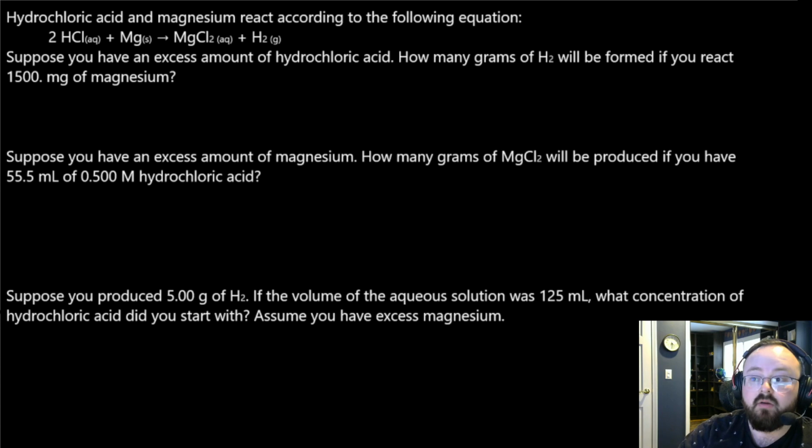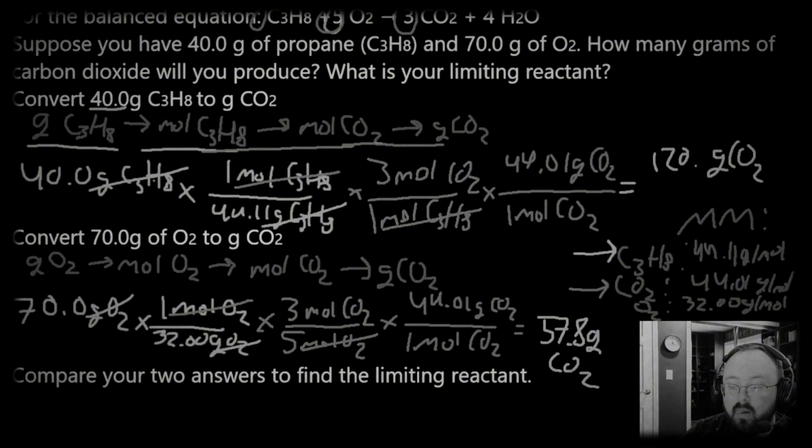The first line of this question says that suppose we have an excess amount of hydrochloric acid. What does that mean? Let's think back to two examples ago where we had 40 grams of propane and 70 grams of O2. In that instance, the propane was my excess reactant and my oxygen was my limiting reactant, and we had to do both calculations in order to figure out how much of my product I got.